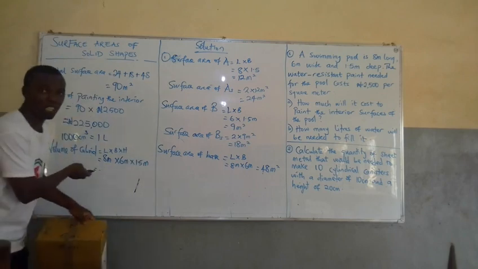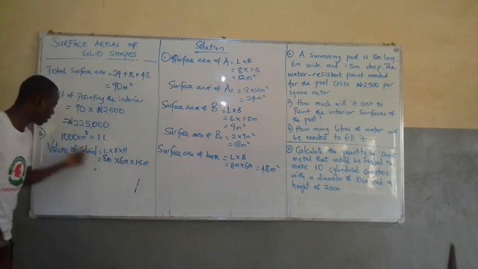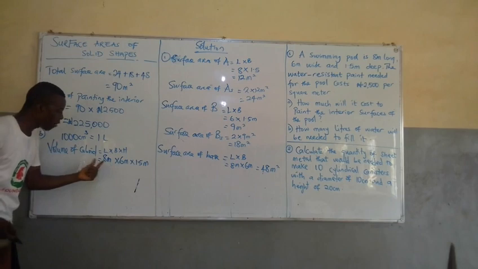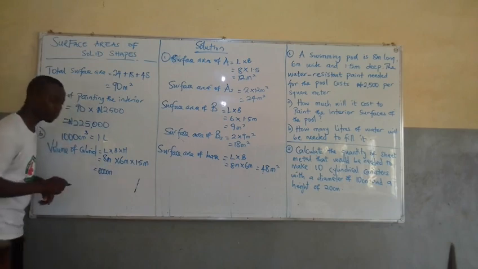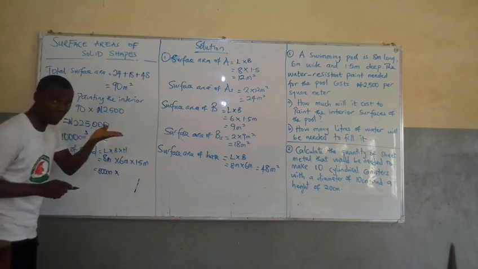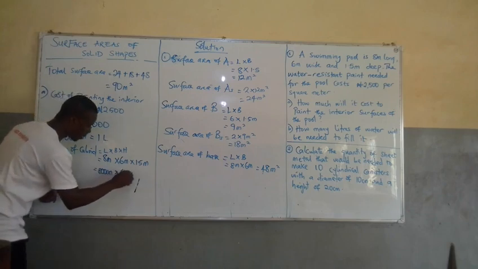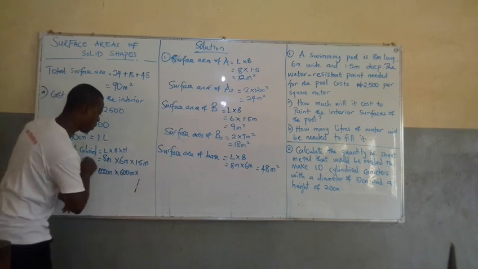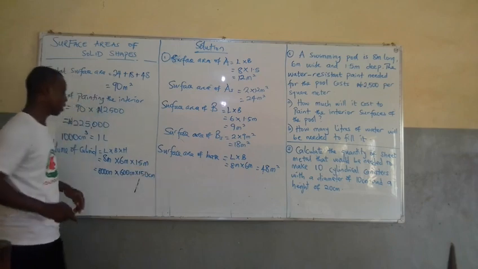I would like to change it to centimeter since this is in centimeter cube. So 8 meters is same as 800 centimeter, because every 1 meter is equivalent to 100 centimeter. Now this is 600 centimeter times 1.5 times 100, that gives me 150 centimeter.